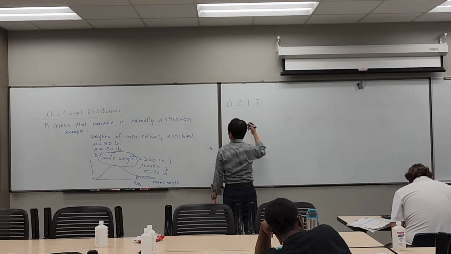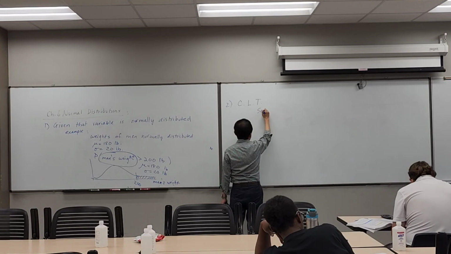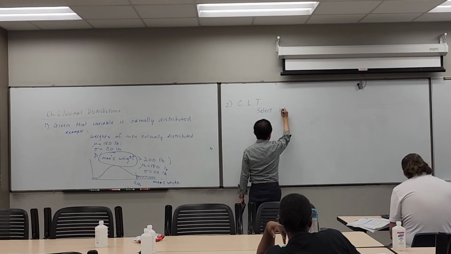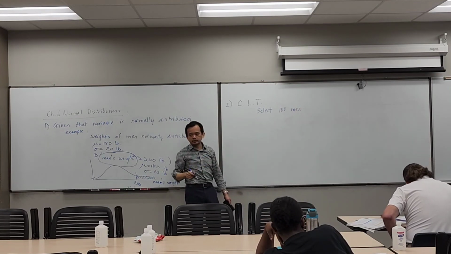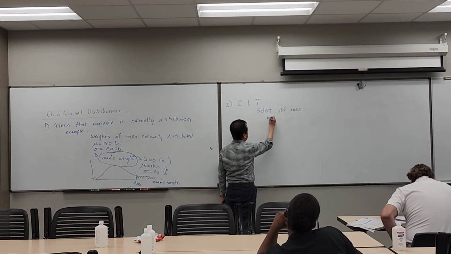And let's say that we select a sample of 100 men, and then we weigh all 100 men, and then we find the average weight of those 100 men. So mean weight found.